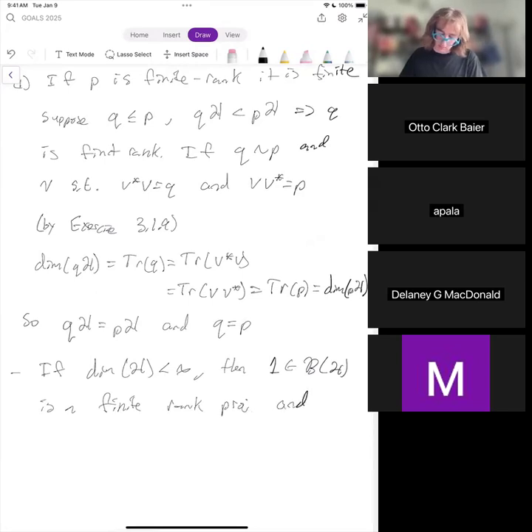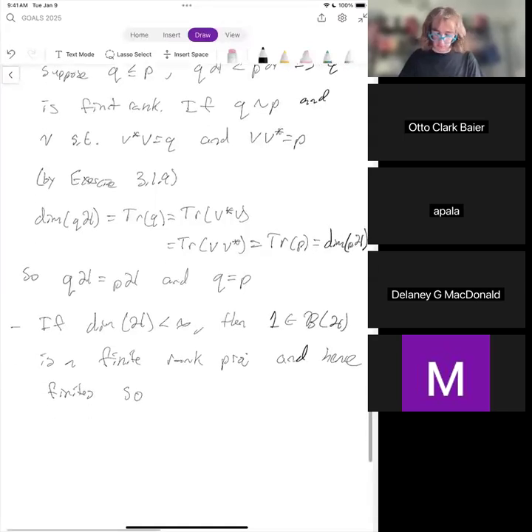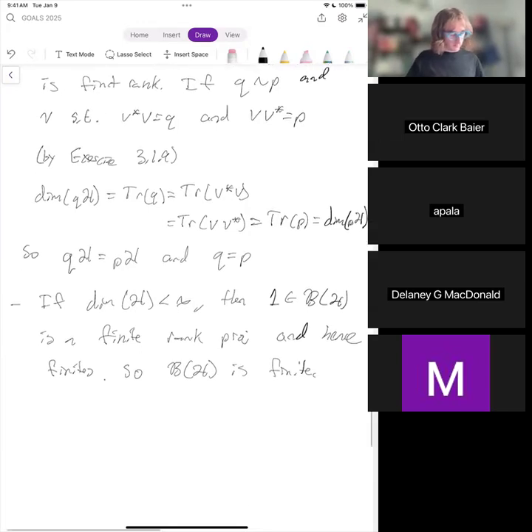And also, and hence finite. And that means for finite dimensional Hilbert spaces, B of H is finite. Okay.